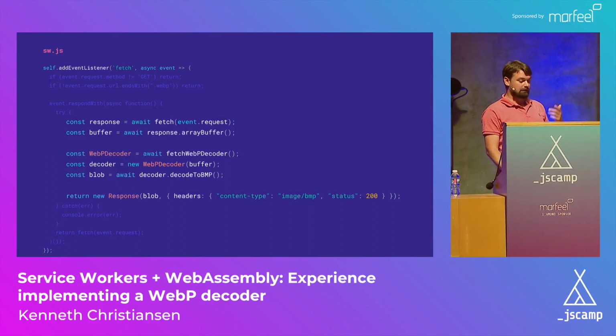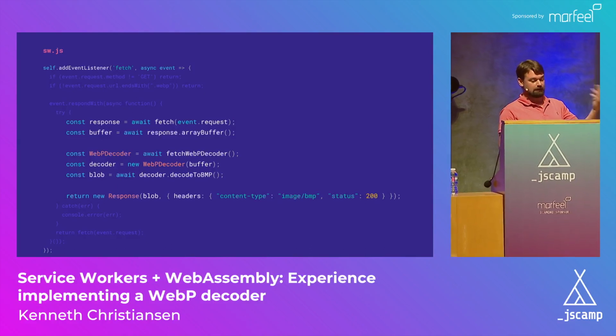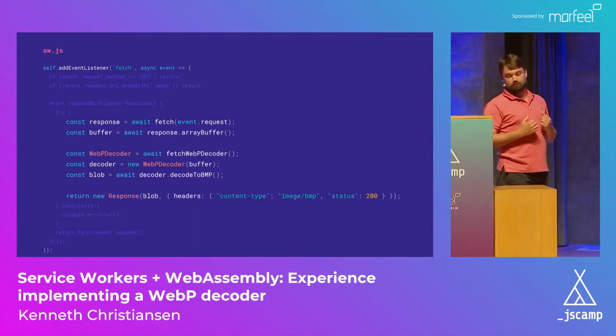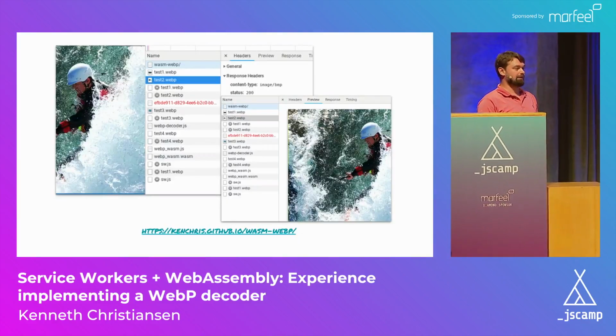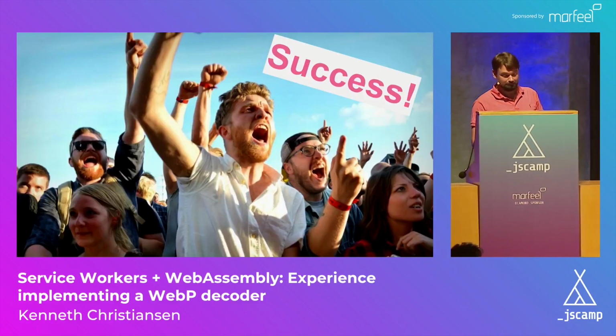Then from that, I generate my WebP decoder on top of the data, decode to BMP, and return that as a blob response. And it just works. It's really amazing to see that you can do this today with something like WebAssembly.